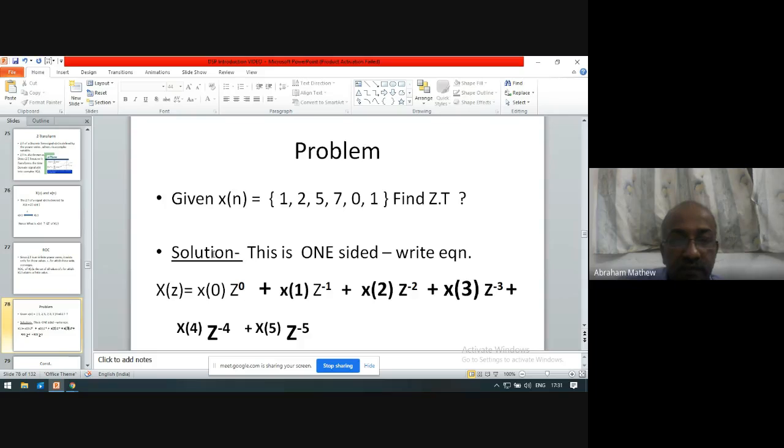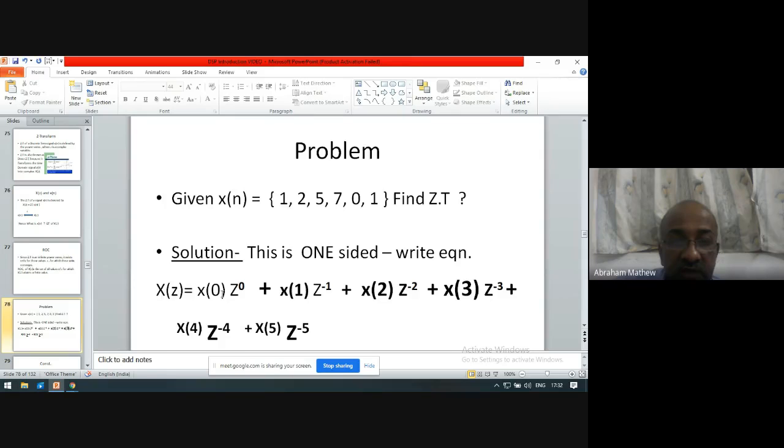So we can apply here the Z transform mathematical representation. We know x of z is equal to sigma n is equal to 0 to infinity x of n z power minus n. This is a one-sided sequence, so the limit is from 0 to infinity. So here x of z is equal to x of 0 into z power 0 plus x of 1 z power minus 1 plus x of 2 z power minus 2 plus x of 3 z power minus 3 plus x of 4 z power minus 4 plus x of 5 z power minus 5.